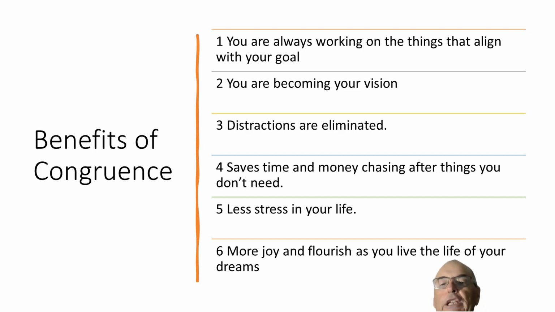Saves time and money chasing after things you don't need. This is so amazing that when you're aligned and congruent, you are not going to go chasing after rainbows. You're going to look and say, does this align with my purpose and my dream? If it doesn't, then I'm not going to buy it.